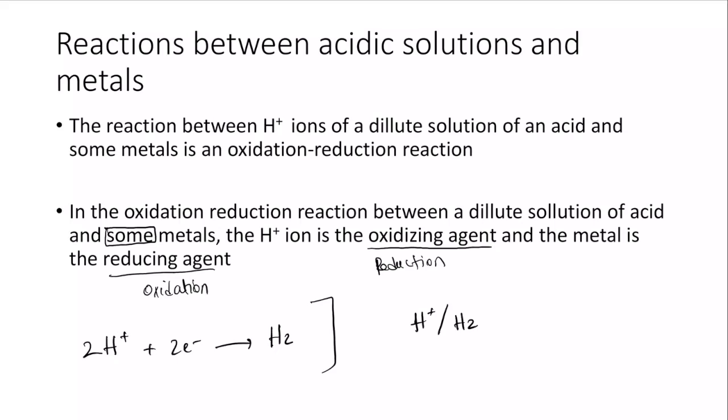This is the oxidizing agent, and this is the reducing agent. Okay, we're good. So it's an oxidation reduction reaction where electrons are being transferred between the reactants. H plus is the oxidizing agent, and Zn and Fe in our case were the reducing agents.